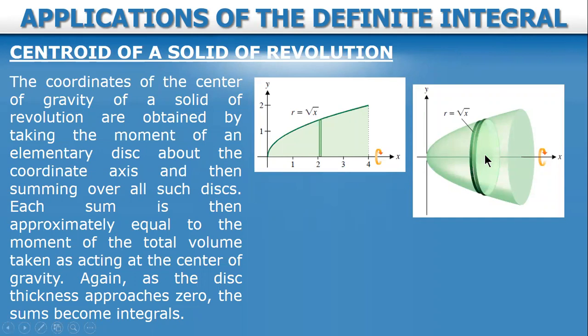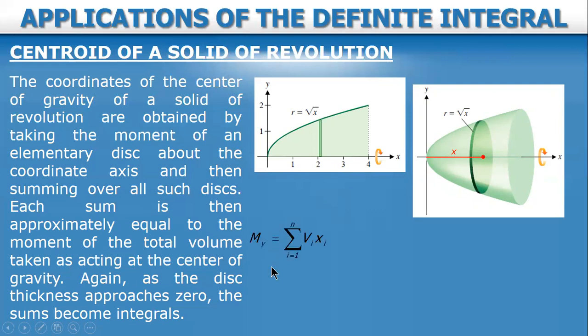Another disk, you also have another disk. Each disk is at a distance x from the y-axis. So this disk is at distance x referred to the y-axis. All we have to do is get the moment of this disk together with the other disks, and sum up, by summing over all such disks.